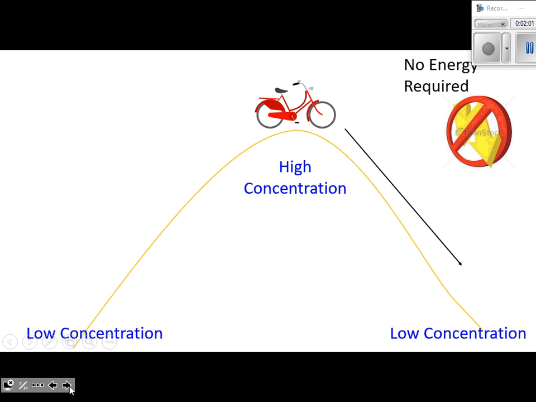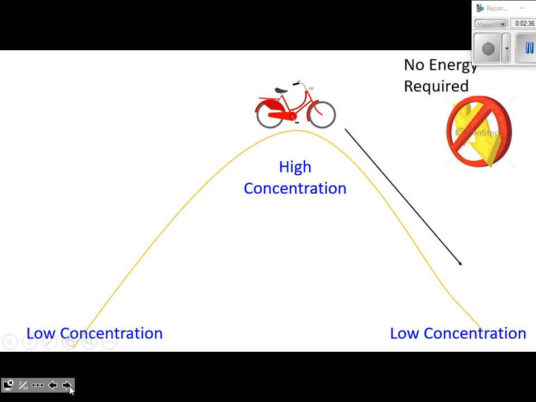That bike will go from the top of the hill to the bottom of the hill with absolutely no energy, correct? So I don't need any energy to get from the top of the hill to the bottom of the hill. Well, let's look at this in terms of transport. If I go from a high concentration to a low concentration, and I don't use any energy, what did we say that was?